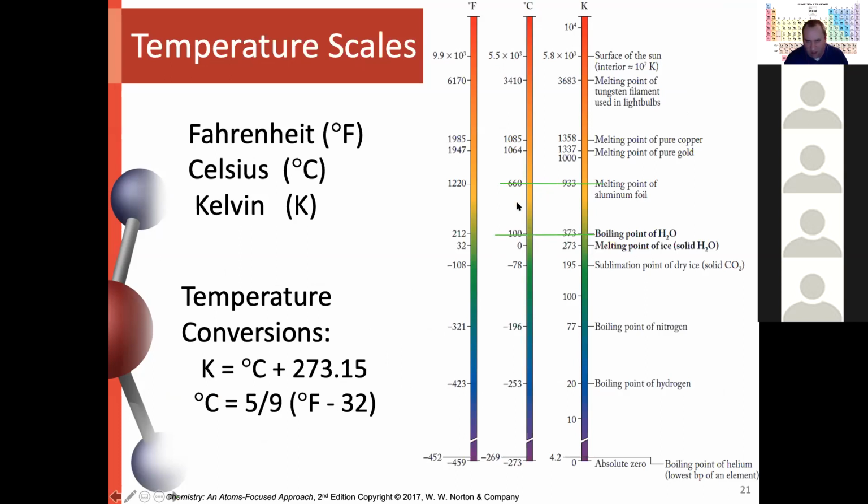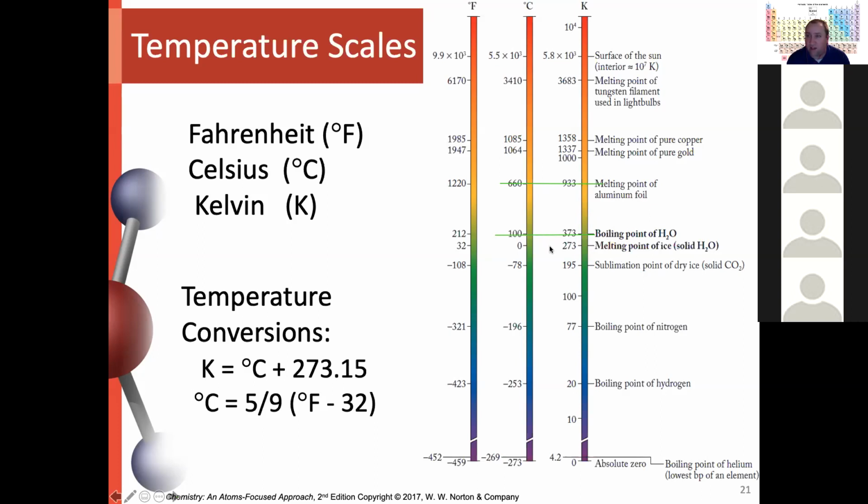And what I mean by that is if I take these 2 points here, the melting point for aluminum foil, the boiling point of water, if I take those two and compare them, I can see that there is a 560-degree difference on the Kelvin scale. There's also a 560-degree difference on the Celsius scale.